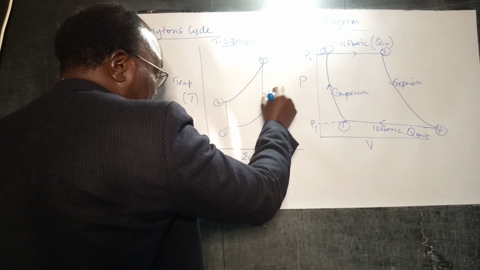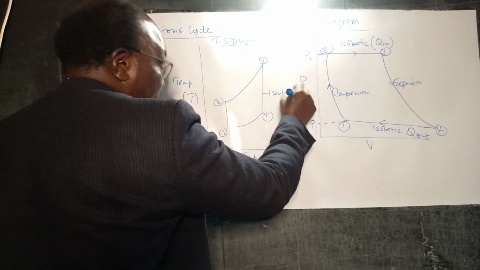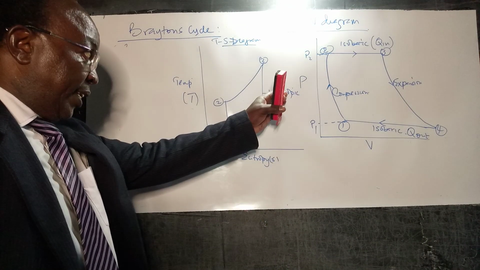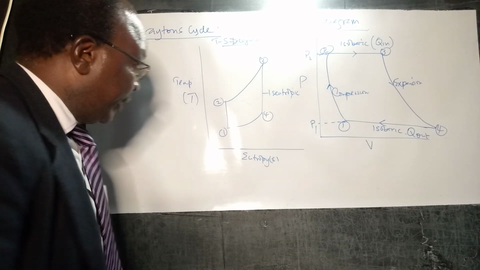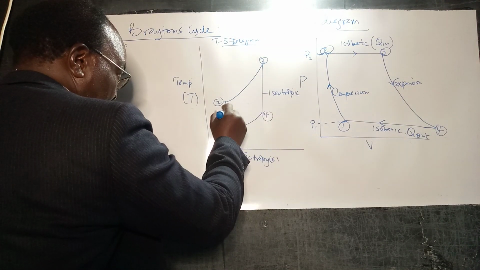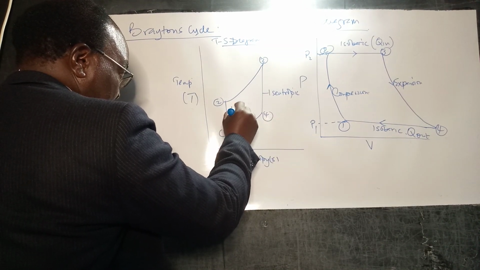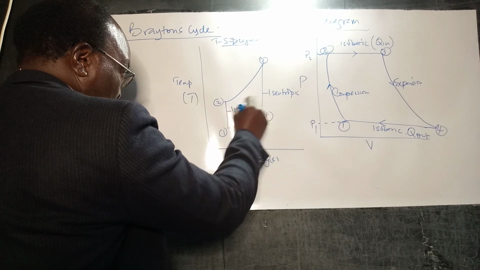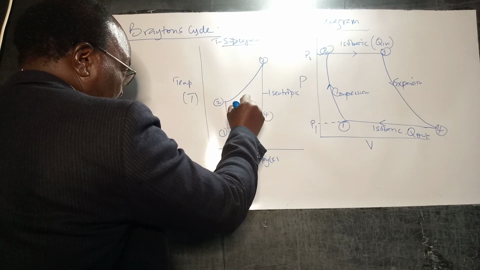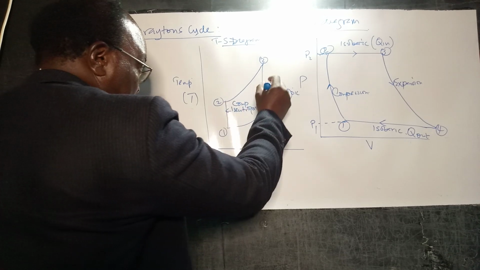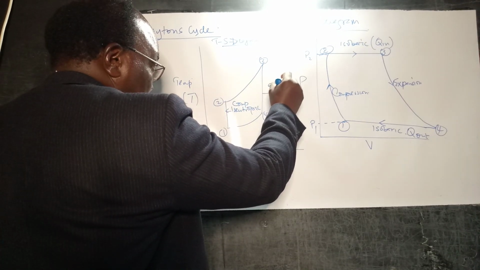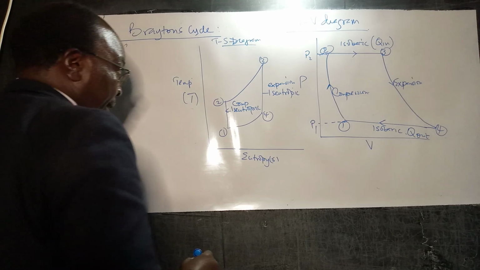These are isentropic. And we have just explained from the Clausius inequality that they are basically adiabatic. This is also isentropic. It's compression, but it's isentropic. This is compression, but it's isentropic. It's expansion, that is isentropic.